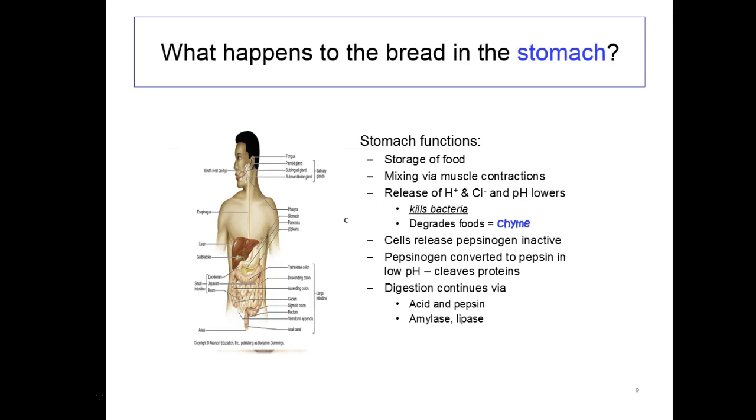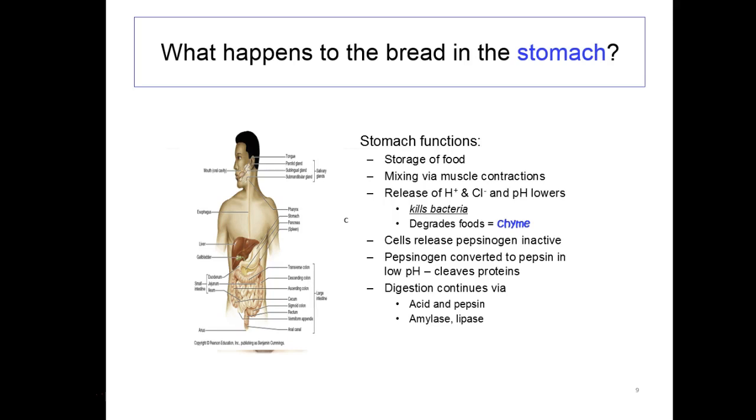There's also a release of hydrogen and chloride ions that lower the pH of that which came in, and also kill bacteria. It degrades food, and you have the release of your first chemical called pepsinogen.